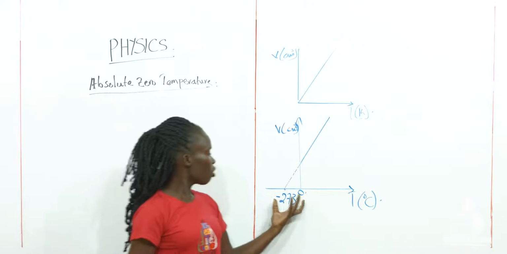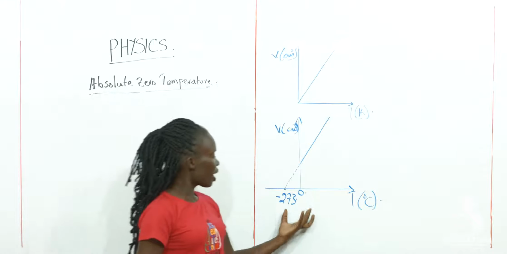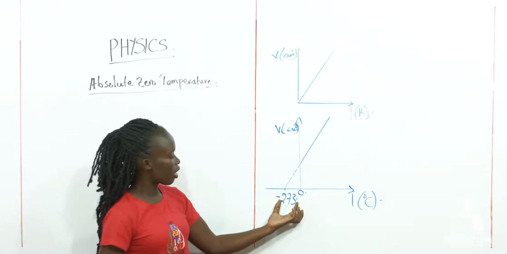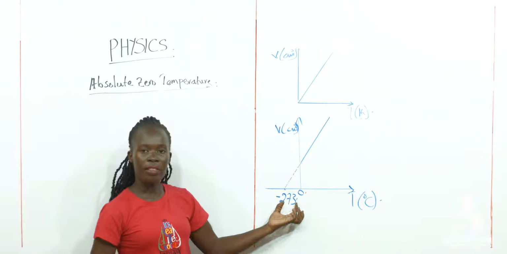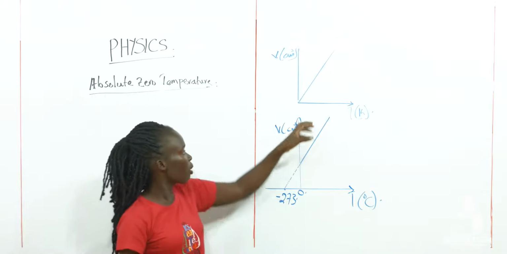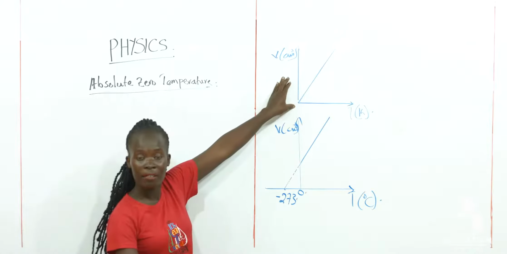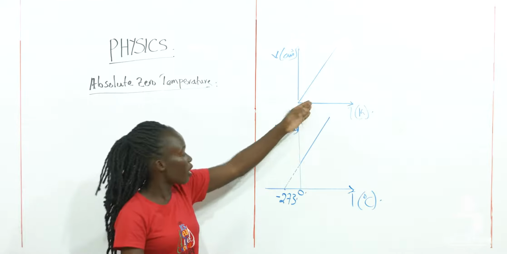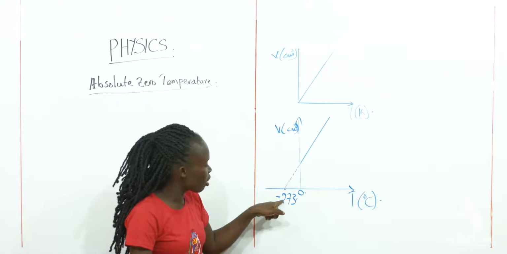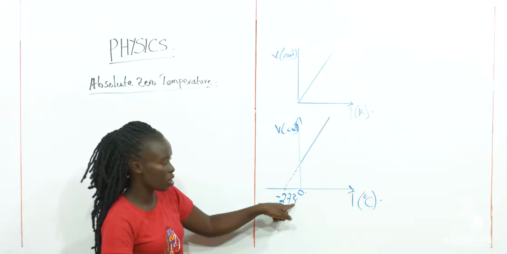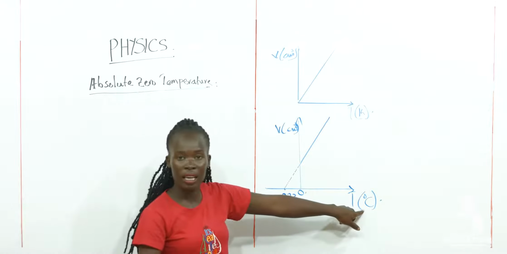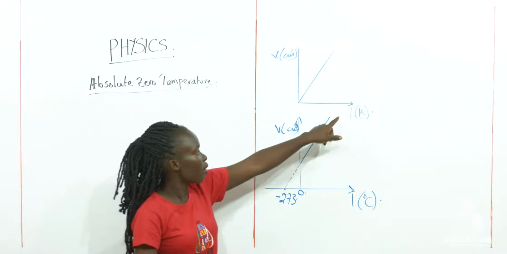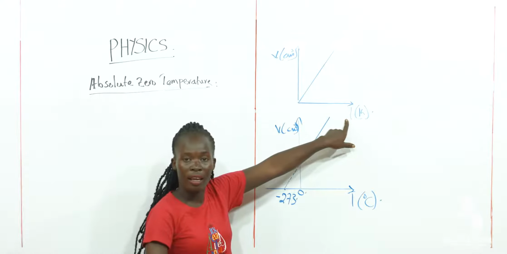If we look at the absolute zero temperature, it coincides with the zero mark on the Kelvin scale. You see that when it reaches -273 on the Celsius scale, it is the same as zero on the Kelvin.